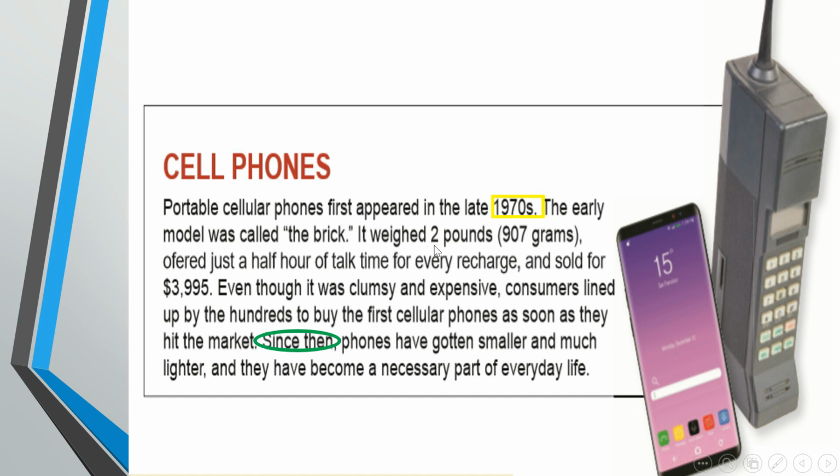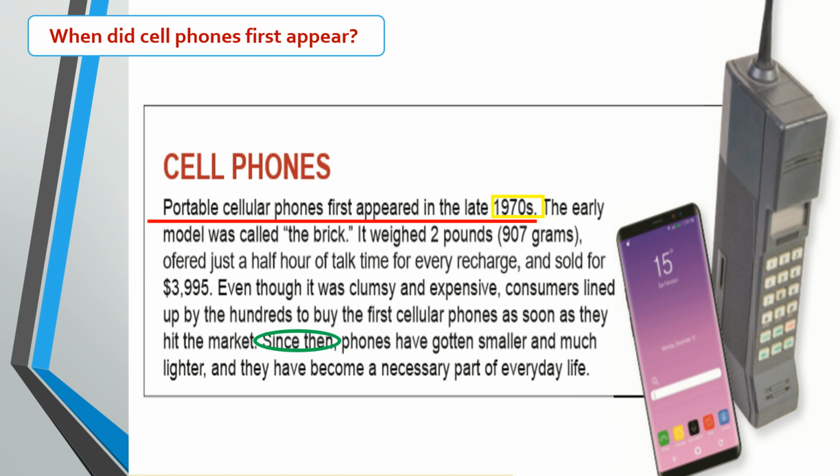It weighed 2 pounds, 907 grams, offered just a half hour of talk time for every recharge, and sold for $3,995. Even though it was clumsy and expensive, consumers lined up by the hundreds to buy the first cellular phones as soon as they hit the market. Since then, phones have gotten smaller and much lighter, and they have become a necessary part of everyday life.